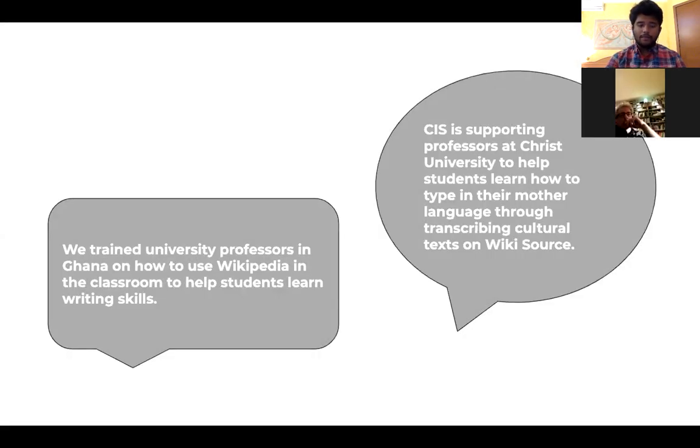Let's say about an education activity that happened in Ghana, where Wikimedians trained university professors on how to use Wikipedia in the classroom. That helps students to learn different writing skills. We should also keep in mind that digitization skill is one of the 21st century skills.